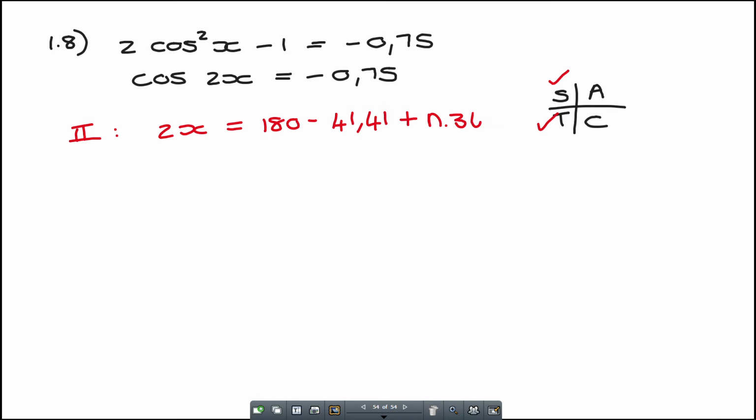En maal 360. Julle, ek het nie nou hier plek vir daai en gaan julle onthou hy kom daarin, né? Nee? Okay, so 2x is 138,59. So then I divide by 2 everywhere.